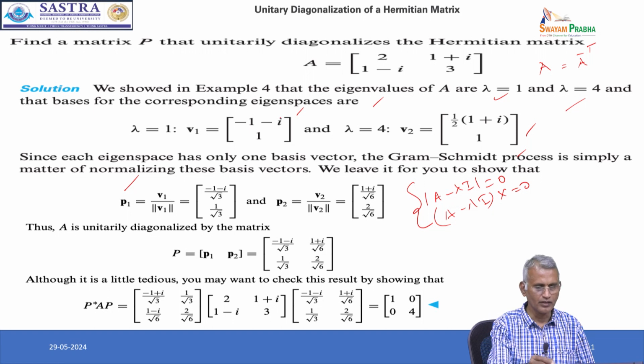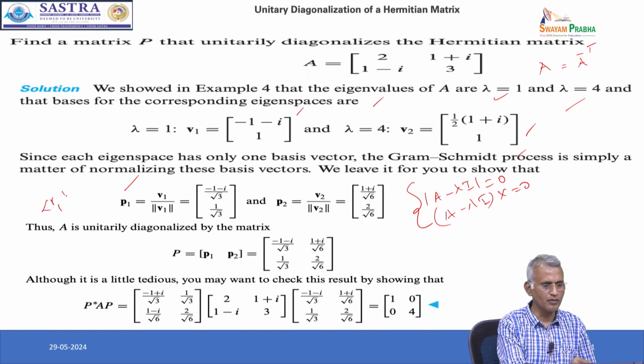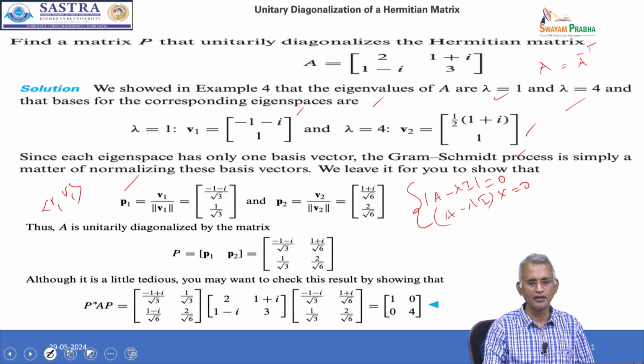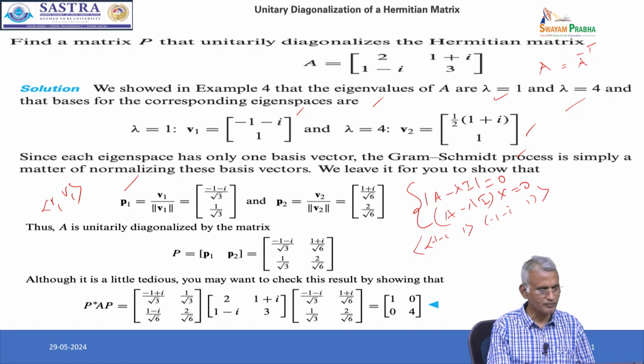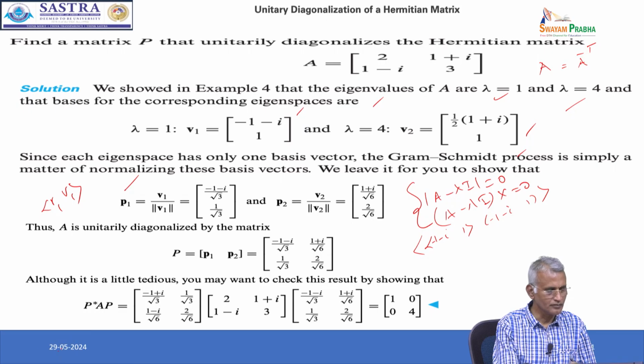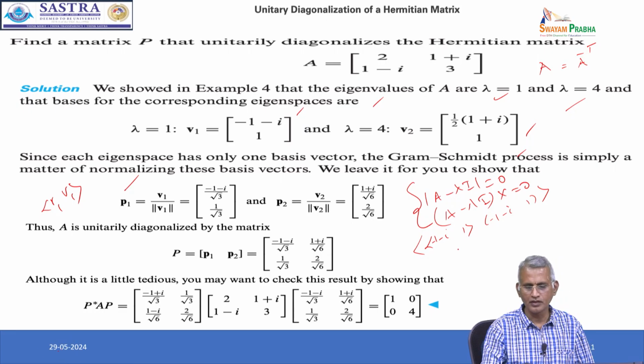So, V1 is [minus 1 minus i, 1], and the norm of V1 is the square root of the inner product of V1 with V1. So, the inner product is the conjugate of the vector times the vector, and the norm is minus 1 minus i the whole square plus 1 square.